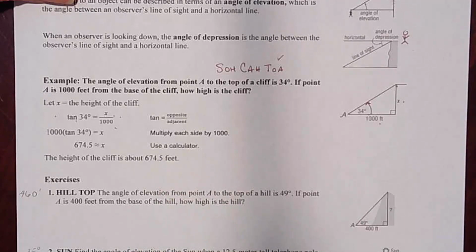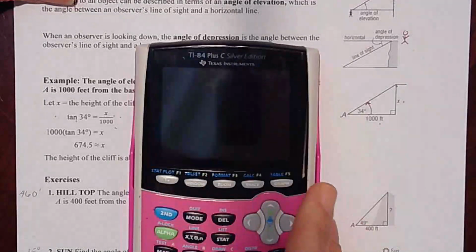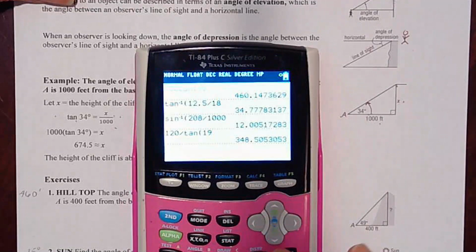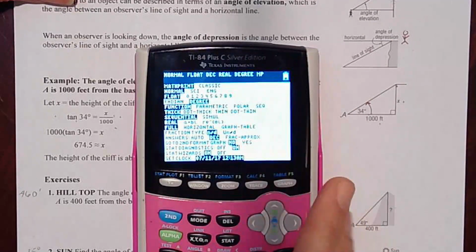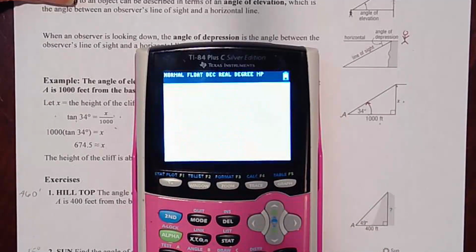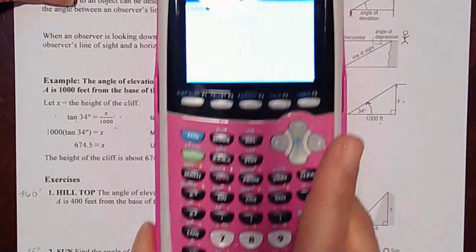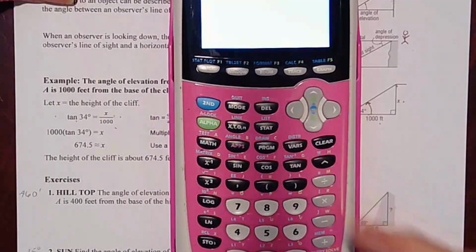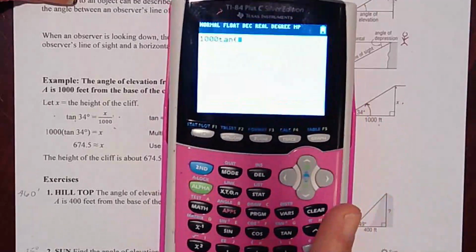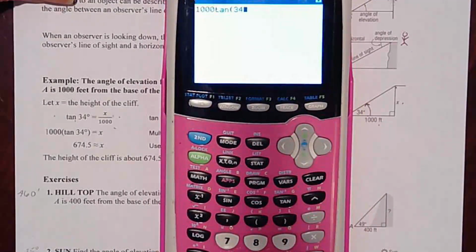Now remember, when using your calculator, make sure that you have checked in your mode that you are in degree mode. And then you do 1,000 times the tangent of 34. And then when you hit enter, there's your answer, and you're rounding to the nearest tenth, so 674.5.